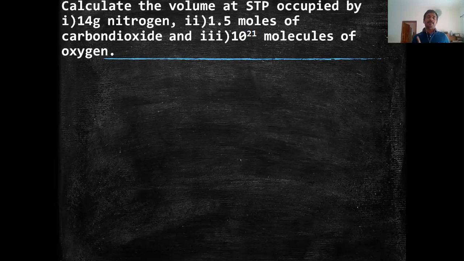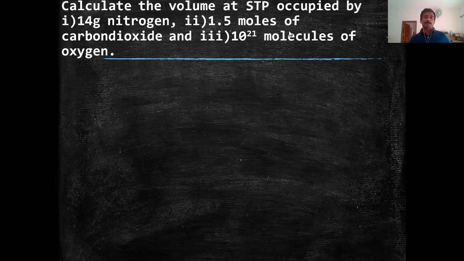So what is the volume of N moles of gas at STP? N into 22.4. So if you can find out N, the number of moles, you can find out the volume at STP by multiplying N with 22.4, isn't it?